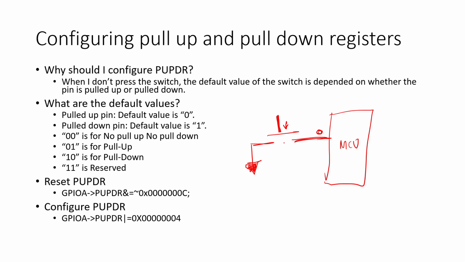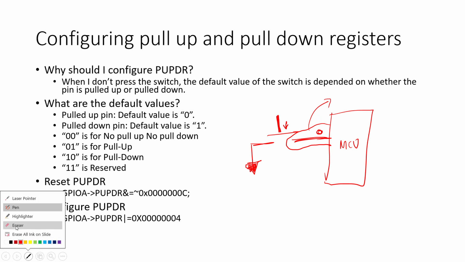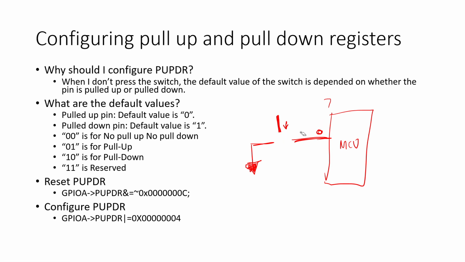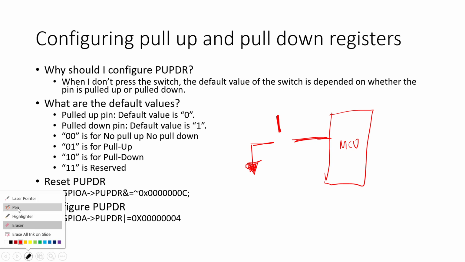But what if I did not press any switch? Literally this pin will be floating. Floating in the sense, the voltage can be anything, like it can be a noise signal or some random value which is very undesired. So to avoid that, we will be forcing some default states for an input pin, which is through pull up or pull down.